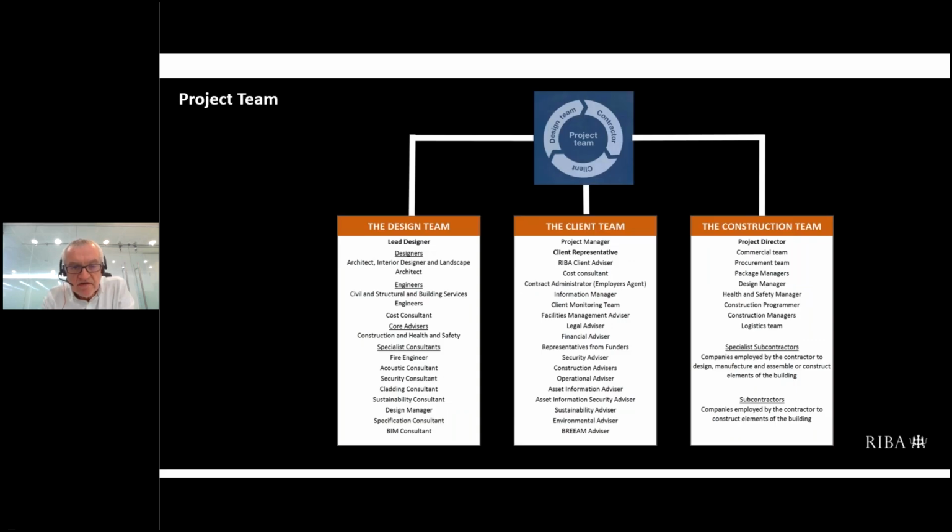And as I've already said, the whole purpose of the plan of work is to be for the project team, whether that's someone in the design team, the client team, or the construction team. And one of the things that we were keen to do as part of this was to begin to bring some clarity to who is in each team.